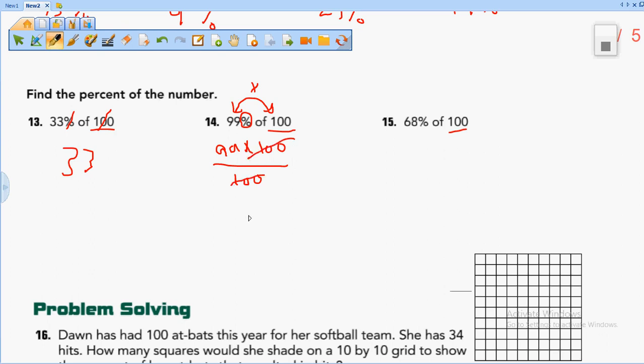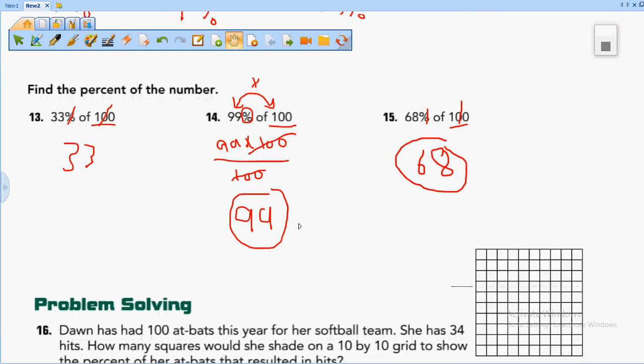I can cancel 100 by 100, so the answer is 90. Or I can again find the answer direct, cancel the percentage by 100, so the answer is 68. Now let's go to problem solving.